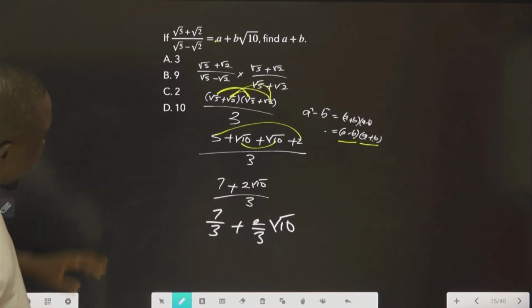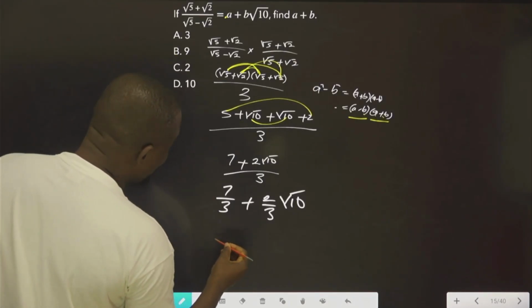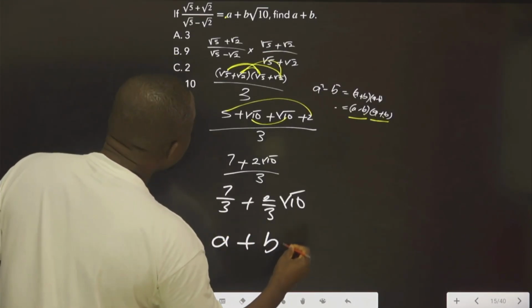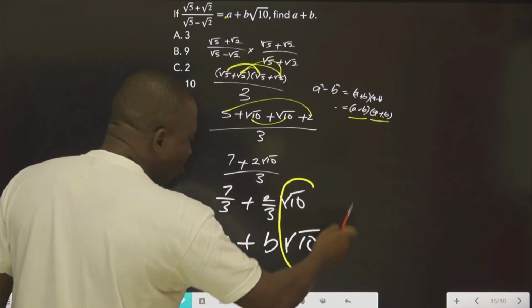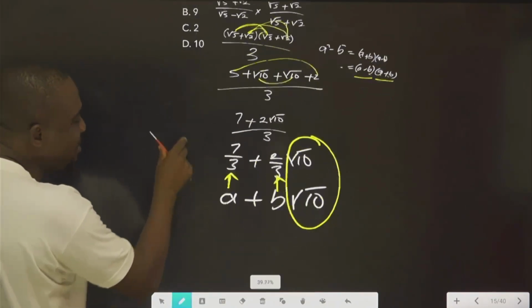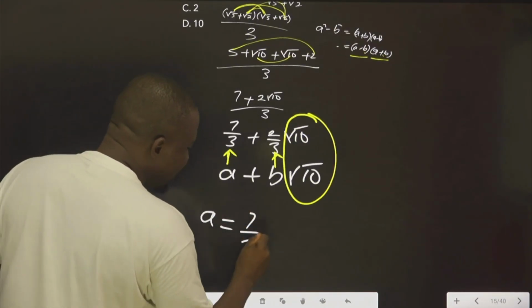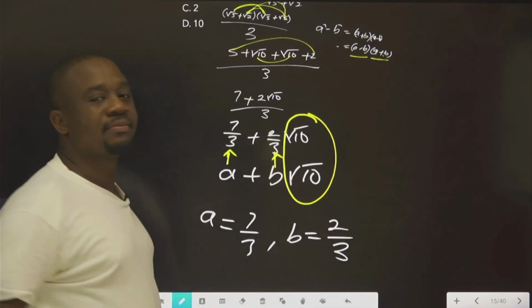Now, you agree with me that if you compare, let me write it here. If I compare this to A plus B square root of 10, you will agree with me that once we take this out, this is definitely A, this is definitely B. It means A, therefore, is equal to 7 over 3, while B is equal to 2 over 3.